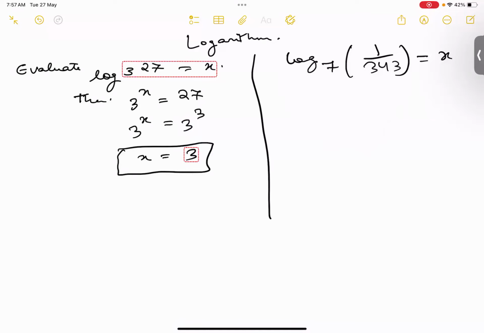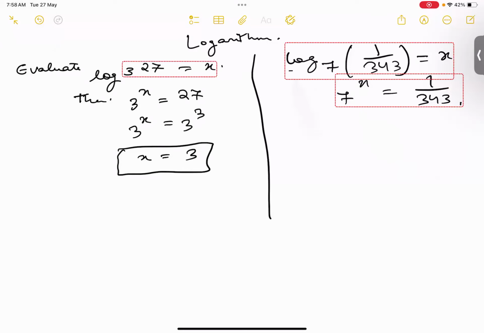Now we know that 7 to the power x must be equal to 1 by 343, right?